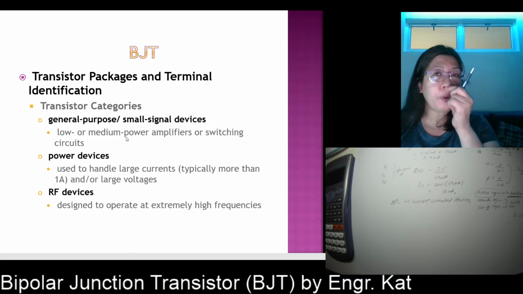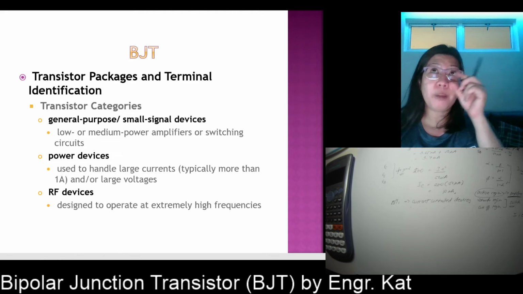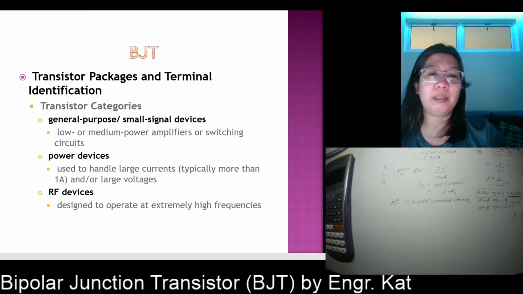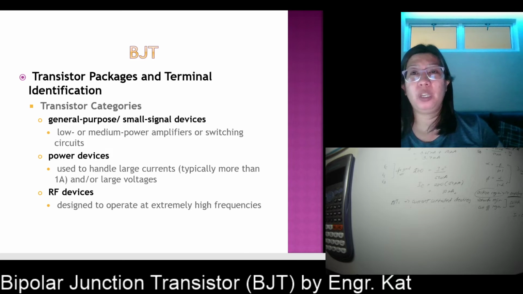Power devices are usually used for power amplifiers. They're capable of handling higher power and higher current, usually in the ampere range, while general purpose devices are usually in the milliampere range.